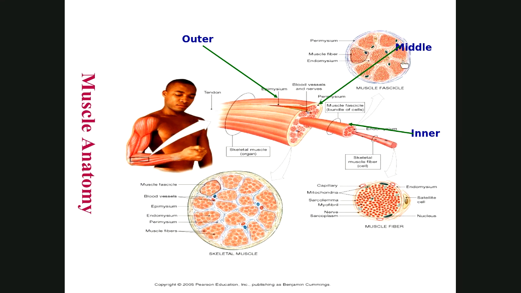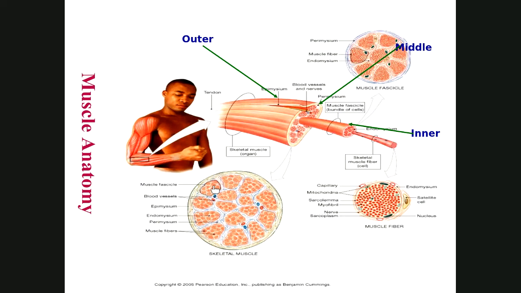So you see each of these circles here? That is one of these fascicles. And the fascicles contain tubes of muscle fiber. When you see muscle fiber, this is a muscle cell. So then we'll look inside this fascicle in greater detail.